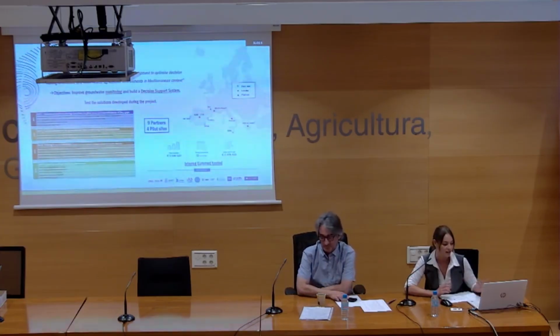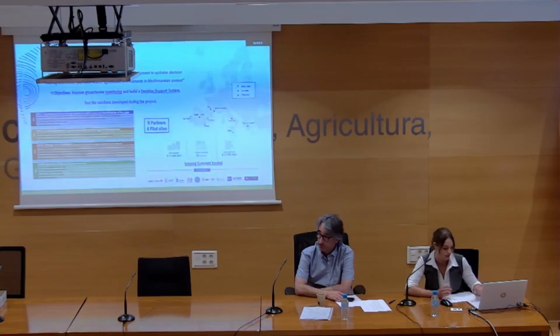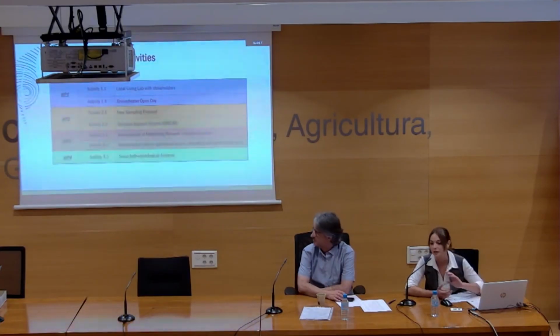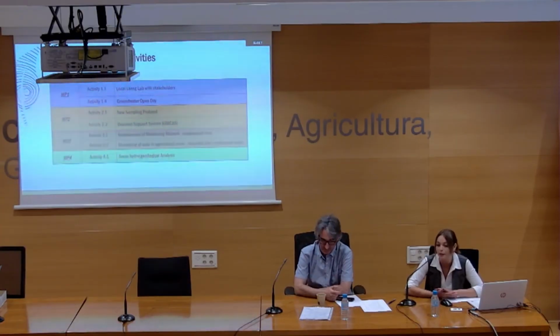And this is a table that shows the structure of our project. There are 4 work packages. Each of them has several activities. In each activity, we have a leader partner responsible for coordinating the others. This is a focus on a few of the activities that are already completed or still ongoing.